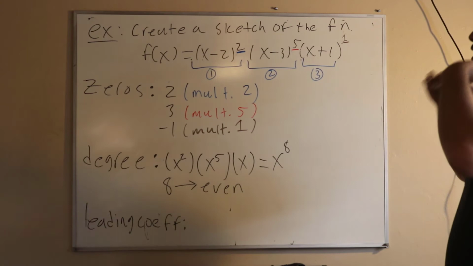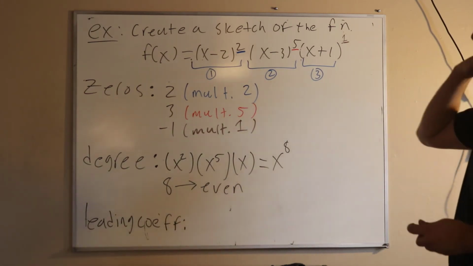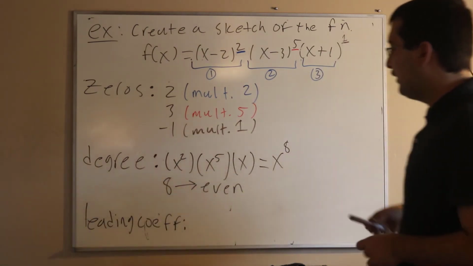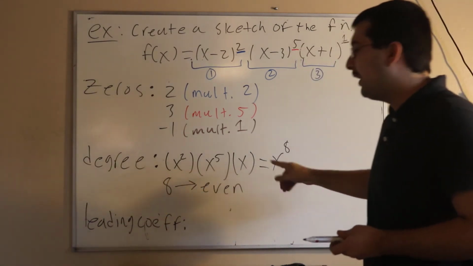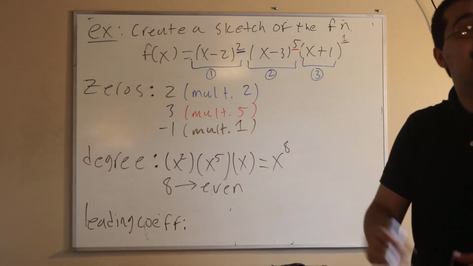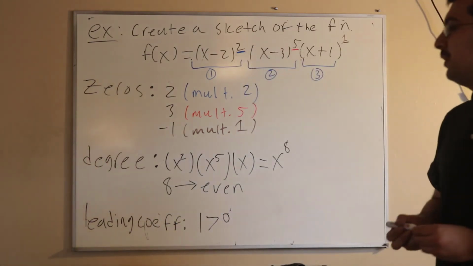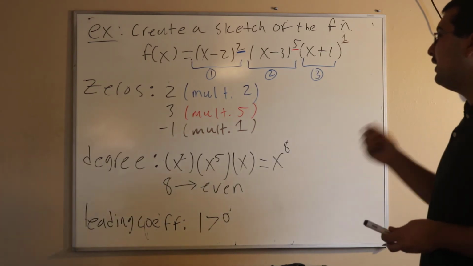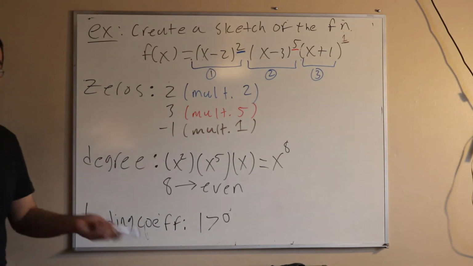And again, we don't have to go through and do all the crazy multiplication. Again, if we can just kind of track the highest power in our head, which we've kind of done right here, hopefully we can still see that the highest power, x to the 8th, will have a leading coefficient of 1, which is greater than 0. So that's going to tell us how to properly use our leading coefficient test when we go to graph. So I have a leading coefficient which is positive, in other words.